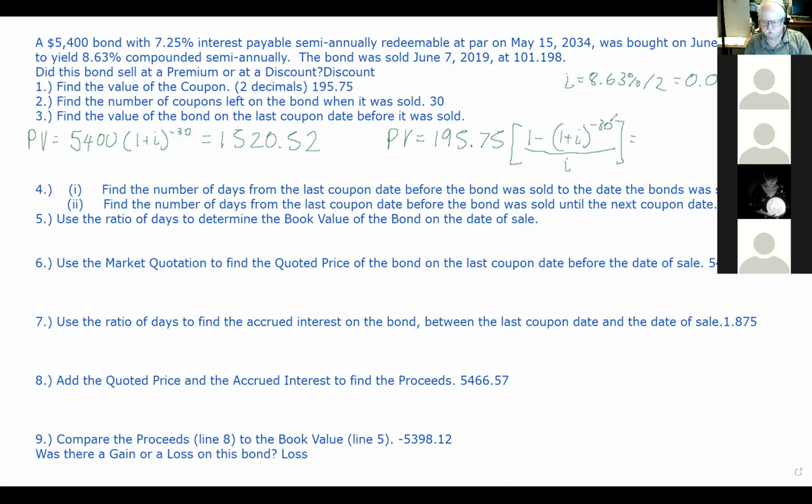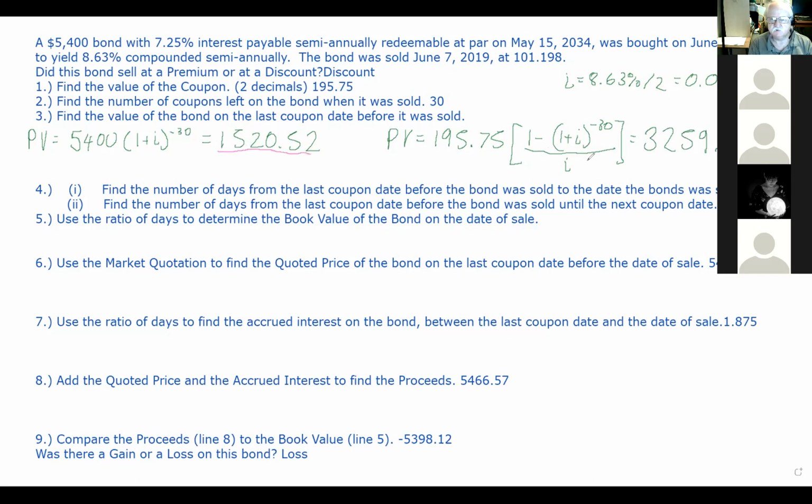So recall 1 plus i, y to the x, 30 negative, equals, make that negative, plus 1, and then divided by recall 1, and then times 195.75. And I'm getting 3259.13.